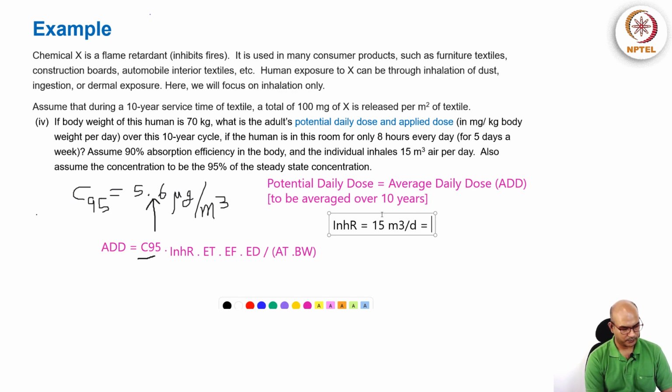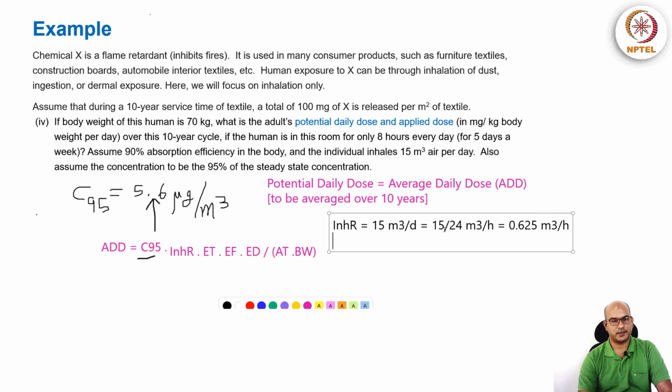So 15 meter cube per day becomes 15 by 24 meter cube per hour. 15 divided by 24 is 0.625 meter cube per hour. We have inhalation rate done.